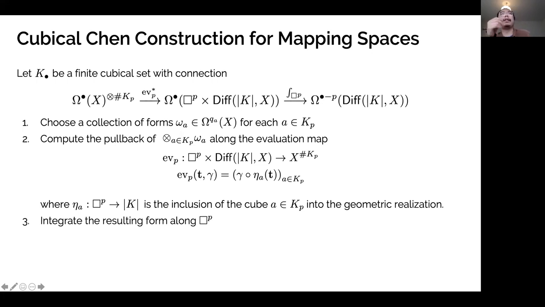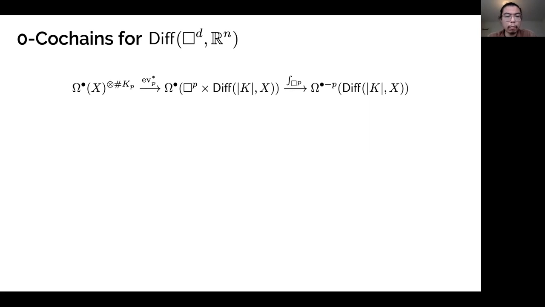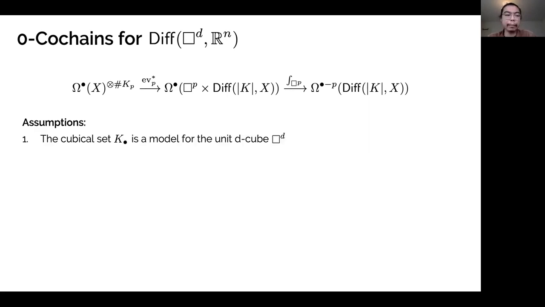Because in the path space setting, all of these were restricted to be one forms. And also there are a lot more degeneracies that occur in these higher dimensional cubical sets.